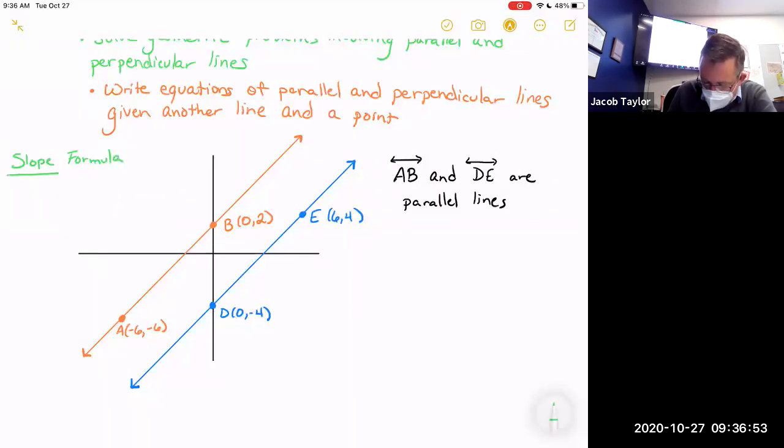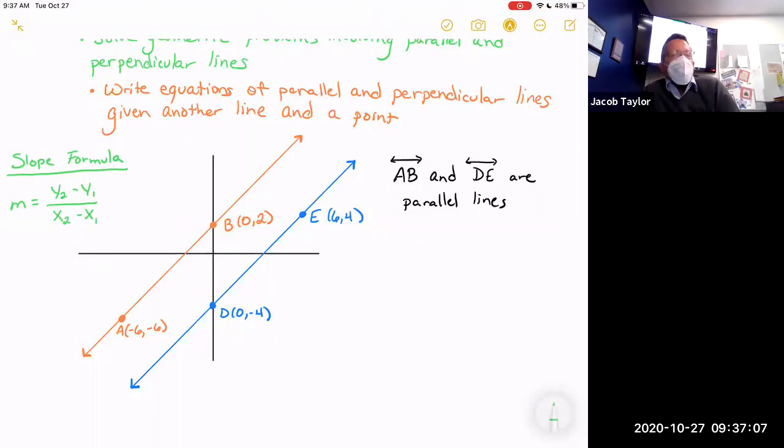This is how you find the slope from 2 points. It is y2 minus y1 divided by x2 minus x1. You should have that in your notes already, but it never hurts to have it in an extra spot.